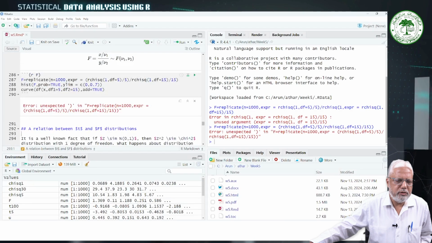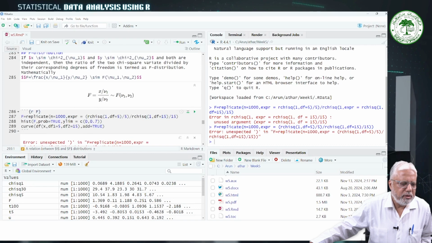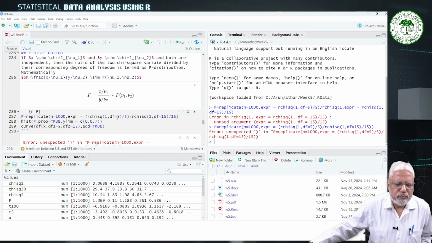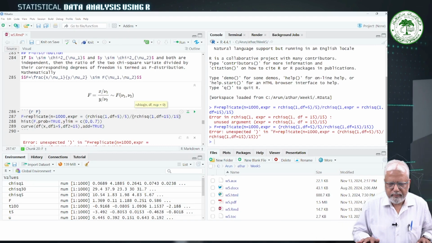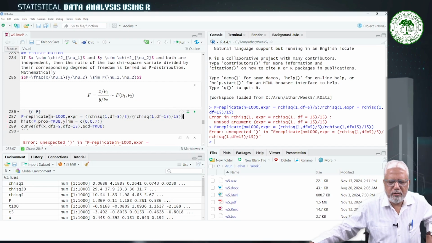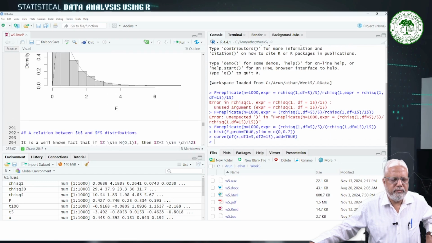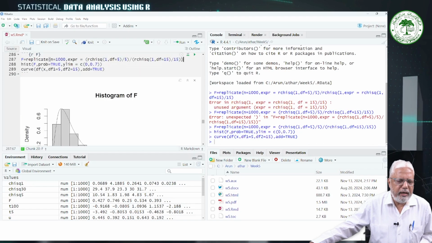F is equal to replicate, n equal to 1000, expression equal to rchisq. Here we can write one more bracket, and then we use this bracket. Now it is the correct expression.